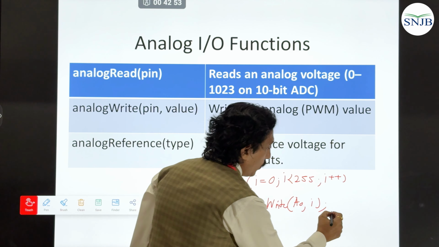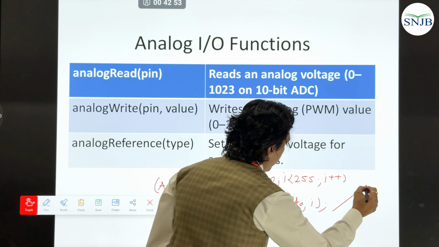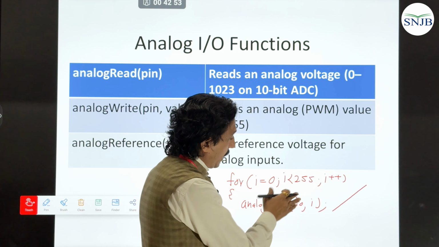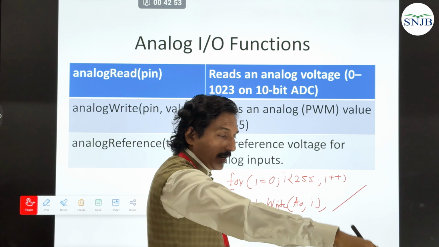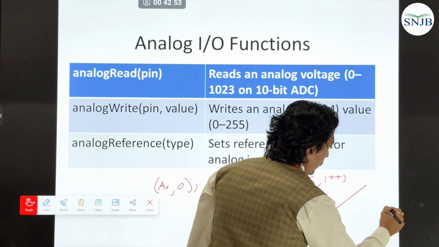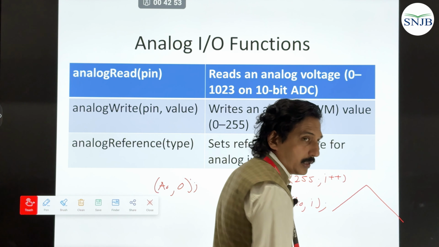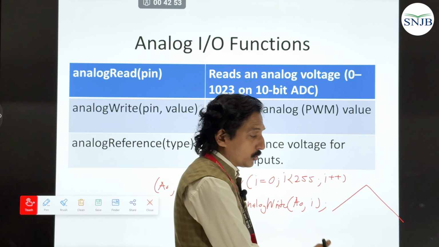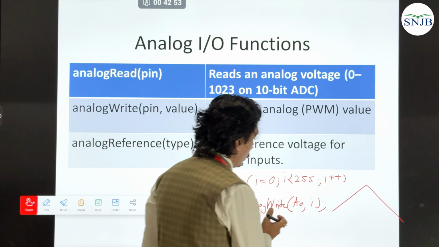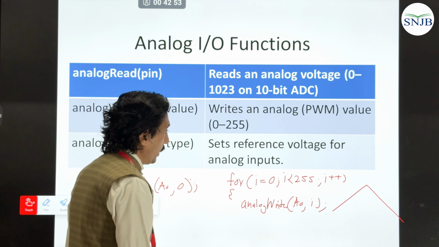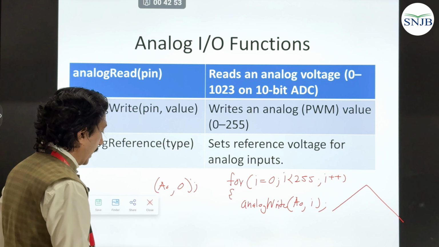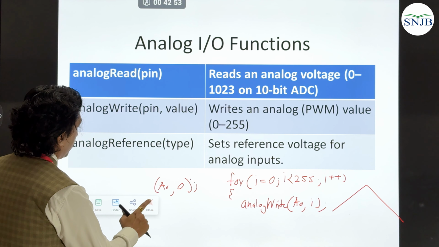It is going to increase the value from 0 to 255, and again if I run it from 255 down to 0, it goes this way. So this is the triangular waveform. This is the first part of it. This way we can use analogWrite.